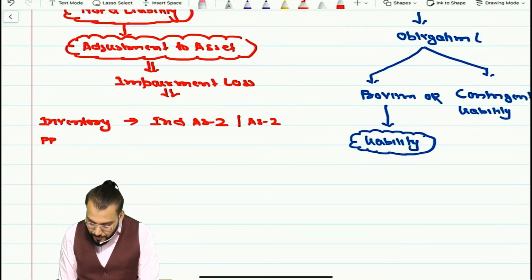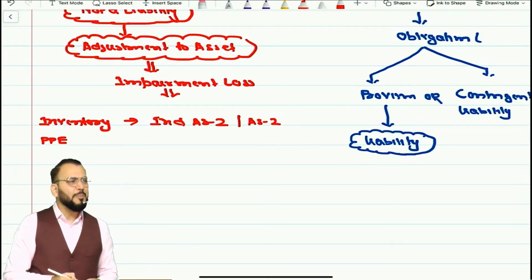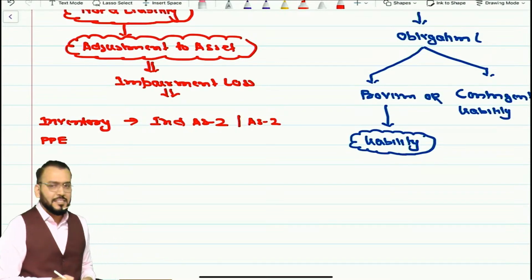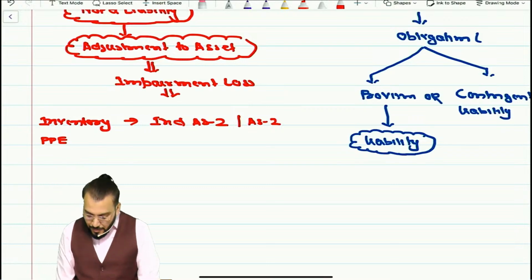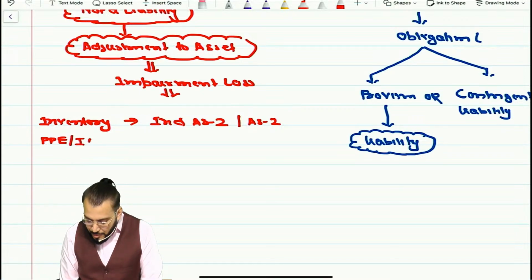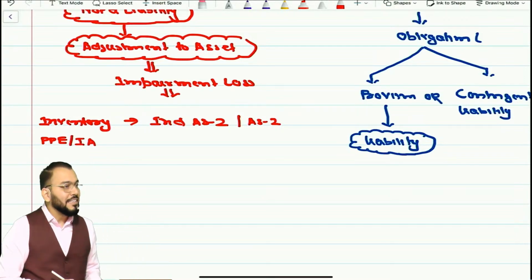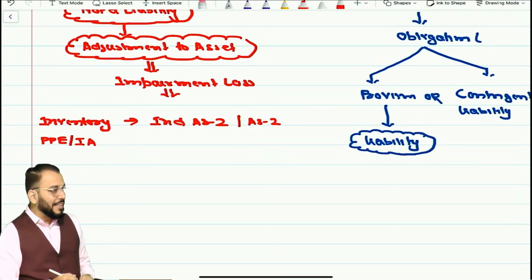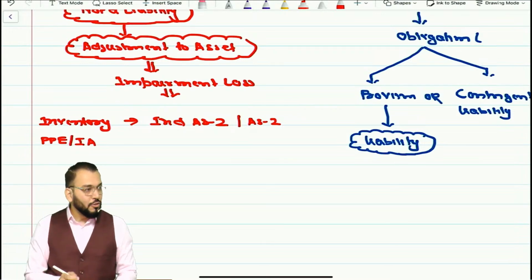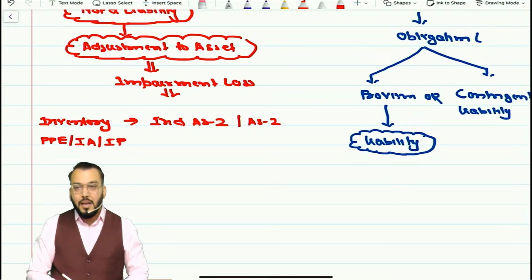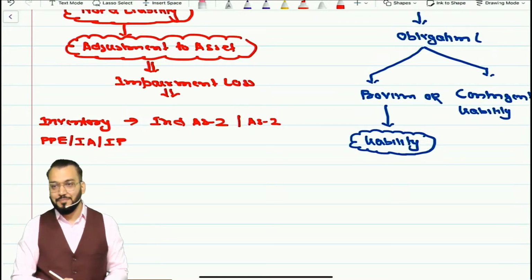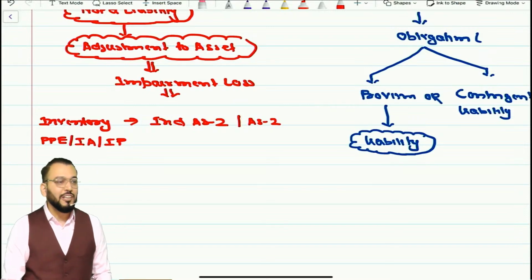Then we have Property, Plant and Equipment. You have done AS 10. Then IA, which means Intangible Asset. Then IP, which means Investment Property, not intellectual property.